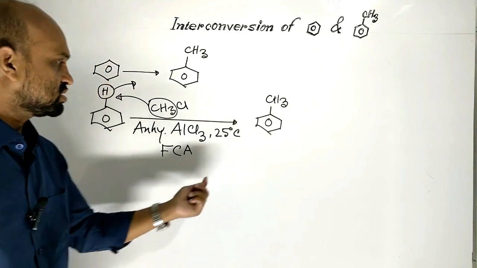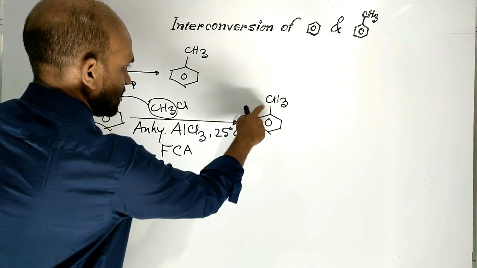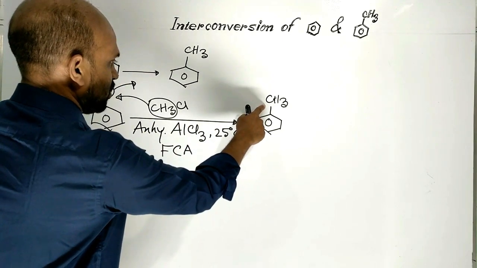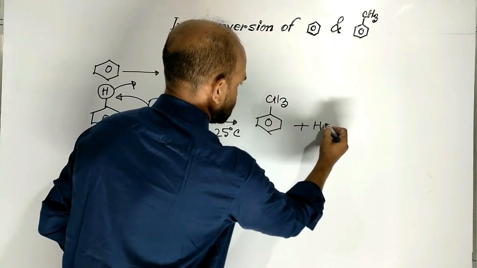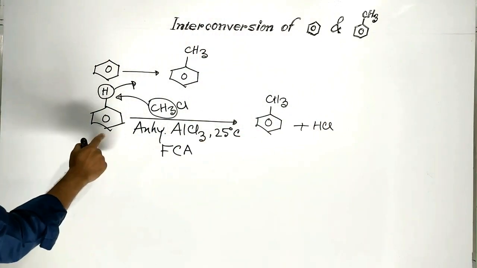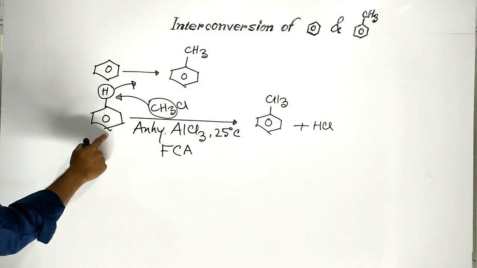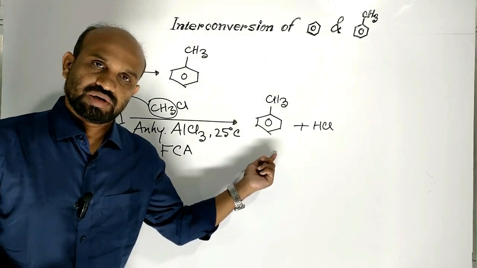In this case, benzene undergoes alkylation to form toluene. Here, byproduct is HCl. So, this is the reaction by which benzene is converted to toluene.